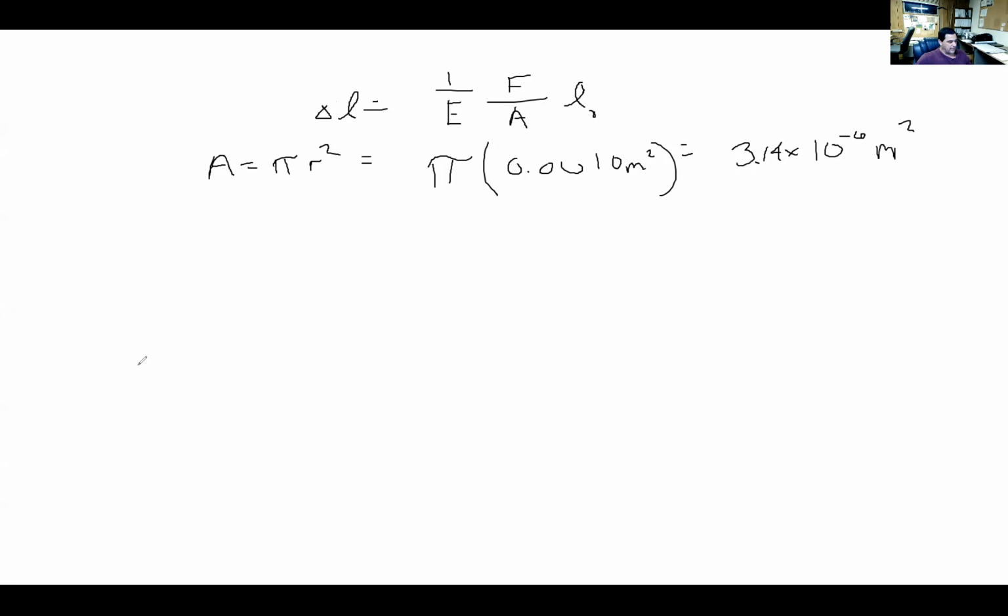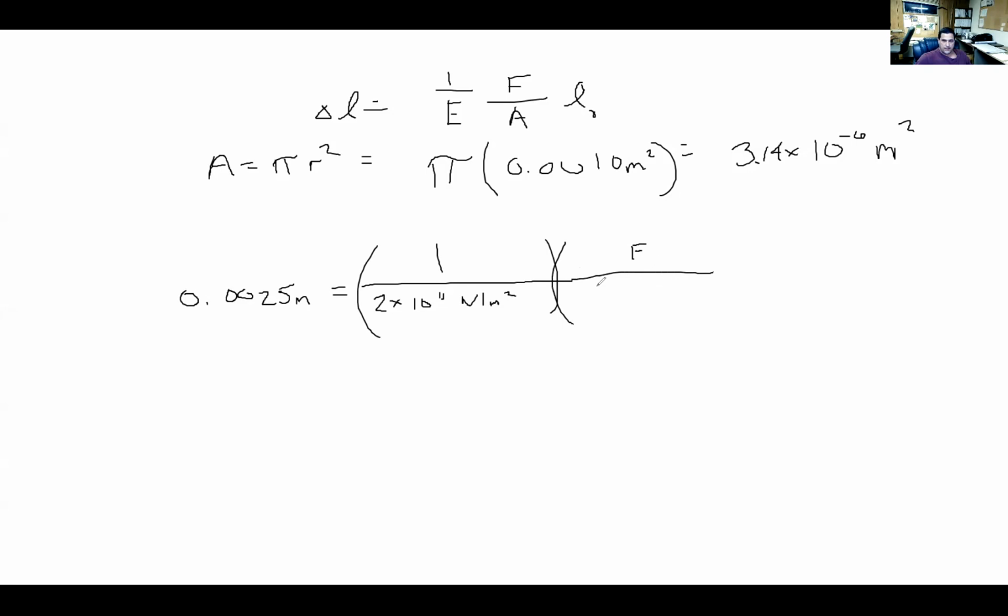So my change in length they gave us, it stretches 0.25 centimeters, which is 0.0025 meters. So be careful you're working in the right units. The steel piano wire is 2 times 10 to the 11th Newton per meter squared. The force applied is what we want to figure out.